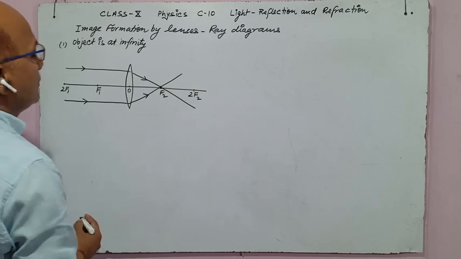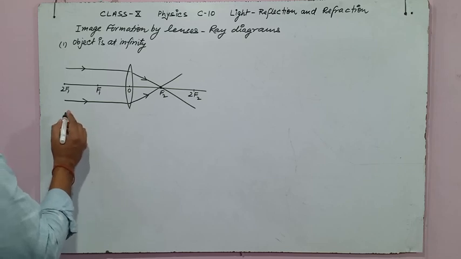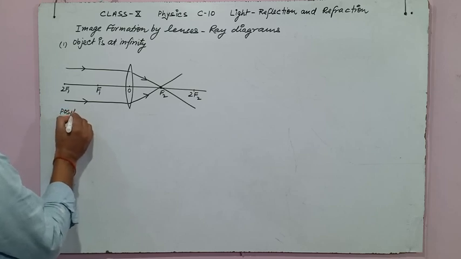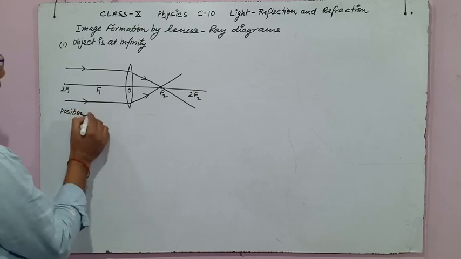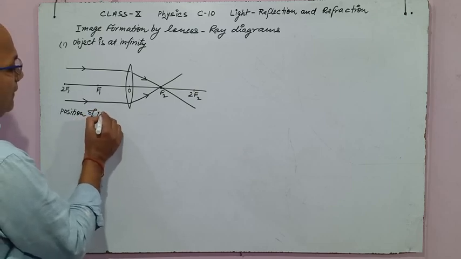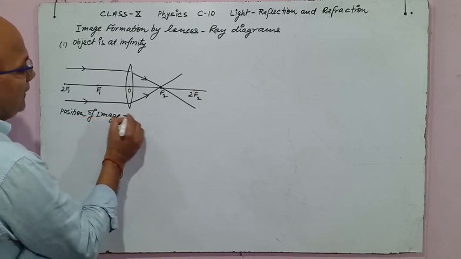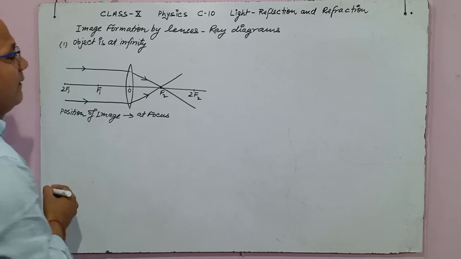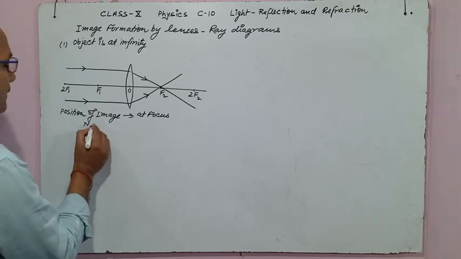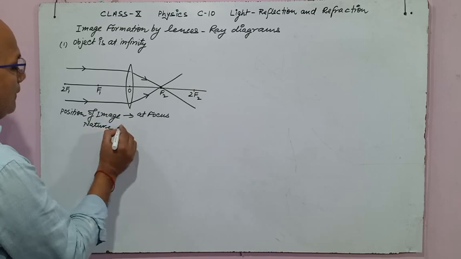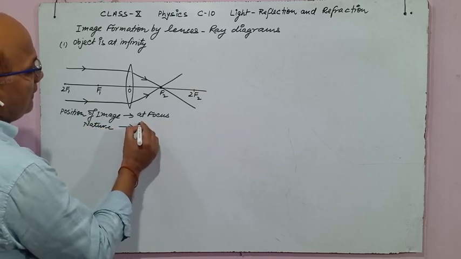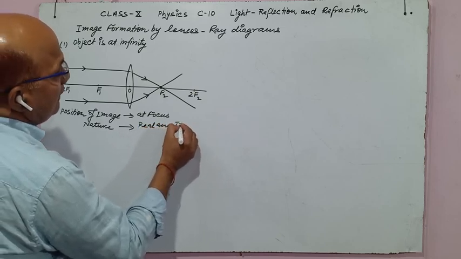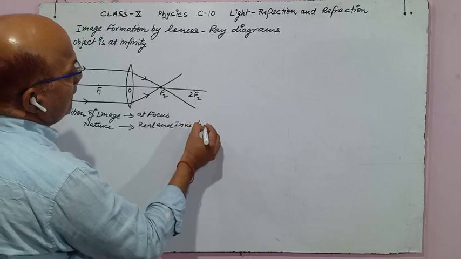So the position of image will be at focus. So what is the position? Position of image. It is at focus. What about the nature? Nature of image is real and inverted.